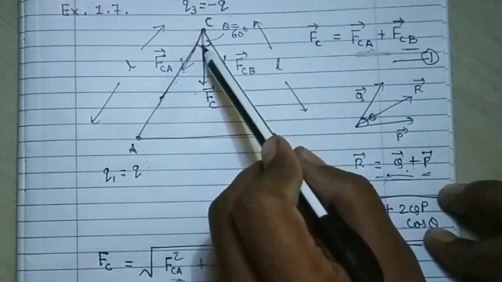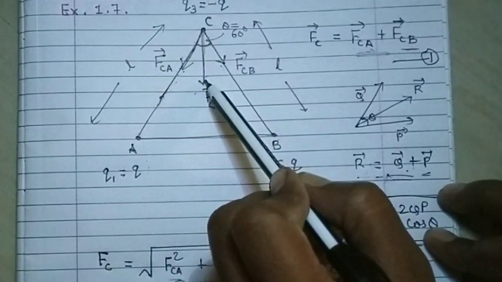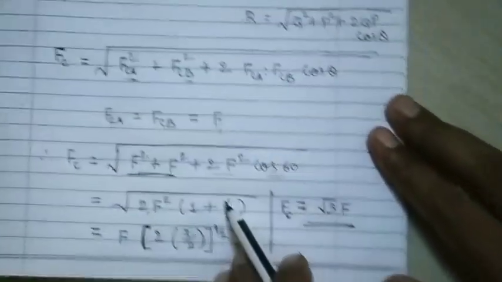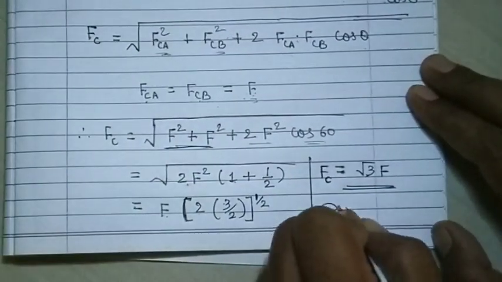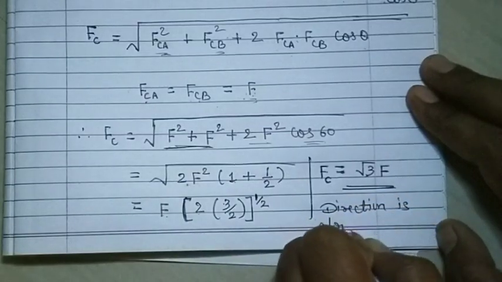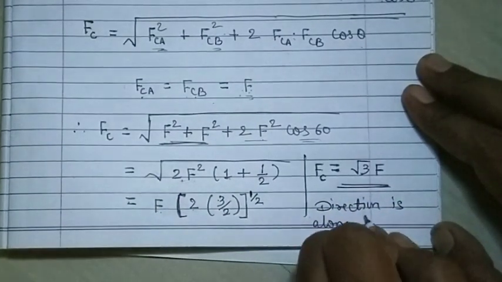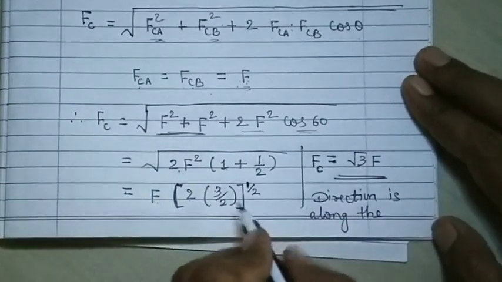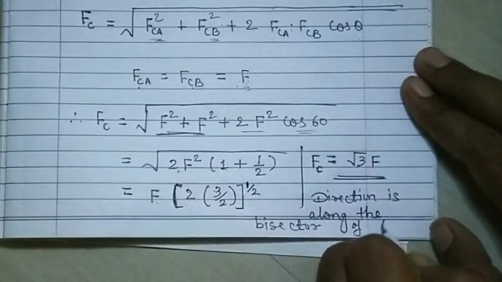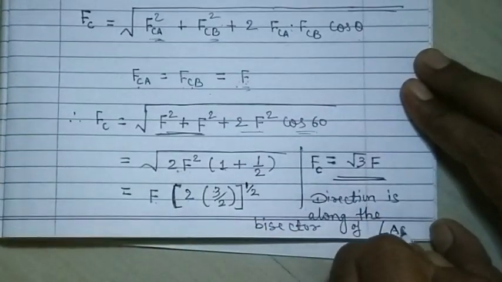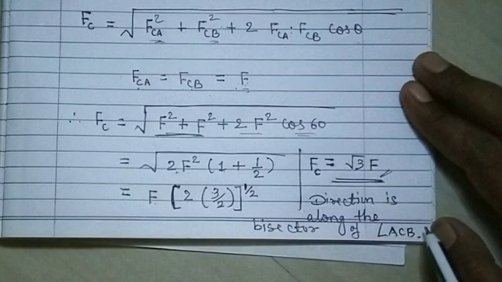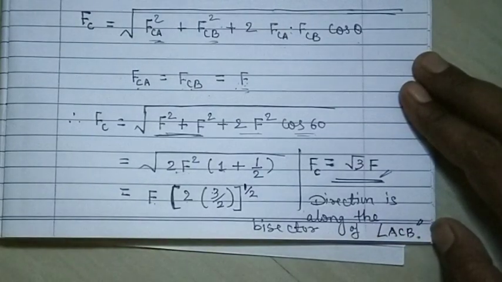So we can say that the direction of the force is along the bisector of angle ACB. So it is necessary to find the magnitude as well as direction for a resultant force.